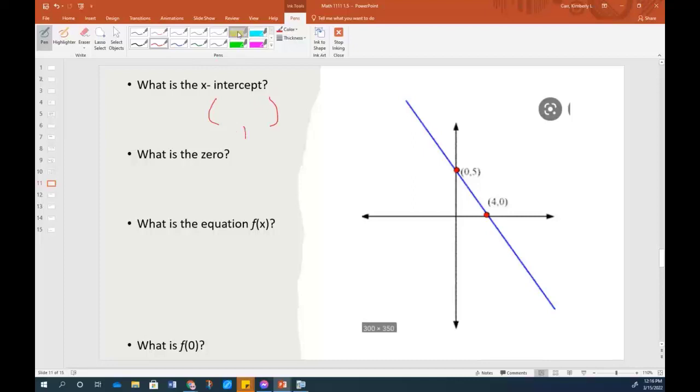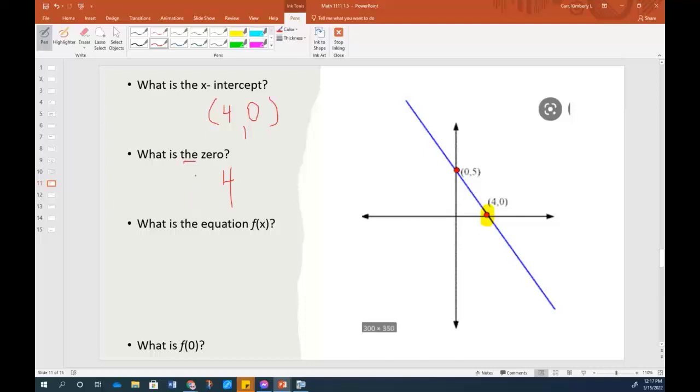The x-intercept is where it crosses the x-axis, and we see that right over there at (4, 0), and that's our x-intercept. Now, what is the zero? What is the number that makes it equal 0? The zero is 4.